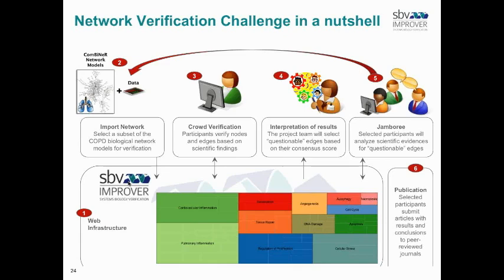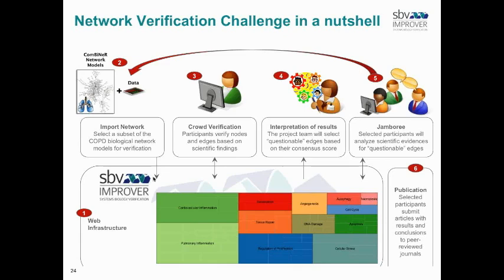Right now, these networks are going through the verification process. After the verification process is completed, which will happen at the end of February, a group of scientists from Selventa and PMI will summarize all the additions and comments that we got from the scientific community.